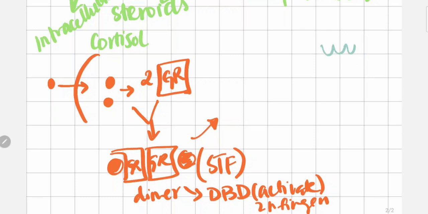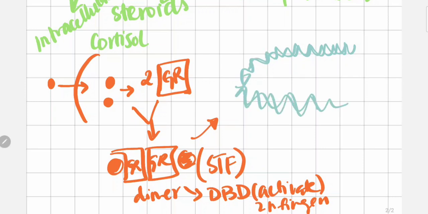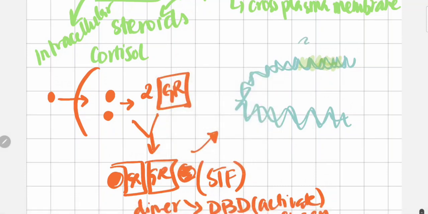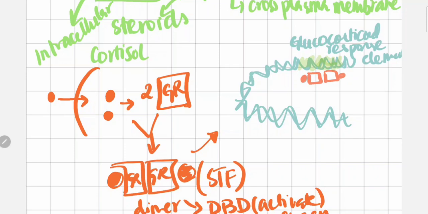Now this GR dimer, which is basically now a special transcription factor, will go inside the nucleus to the DNA. In the DNA there are certain regulatory glucocorticoid response elements. This dimer is going to bind here.